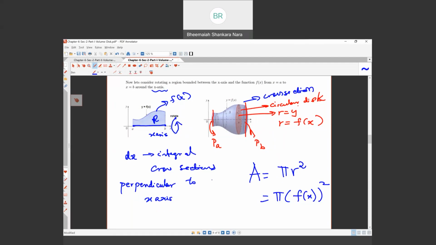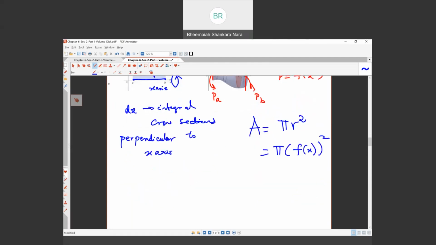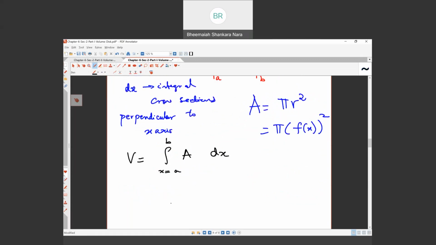Now we are good to write the volume formula. Volume equals integration x equal to a to b. And then we have this A times dx, the area times the width. So again, this is from a to b. Area is pi times f of x squared dx.